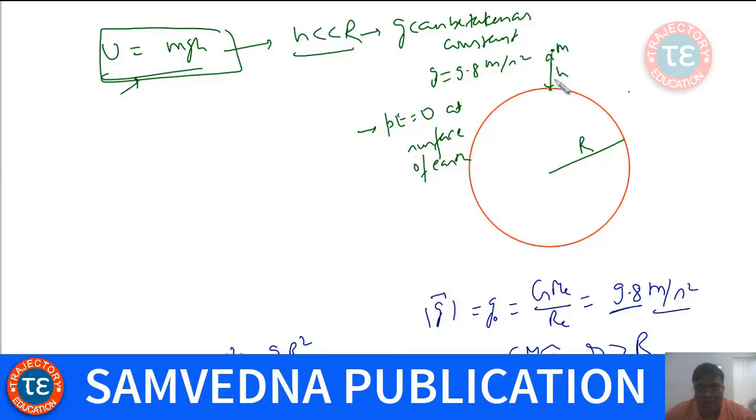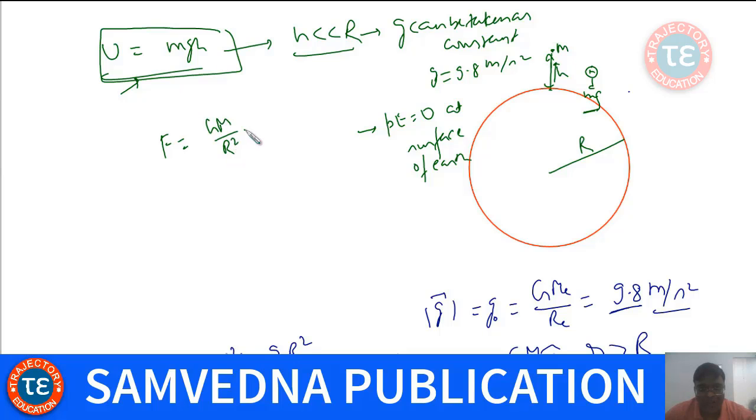When you want to bring this body of mass m from here to here, what force must you apply on the body? See, when you bring this body from here to here, the body already experiences a force, which is mg. It's called weight. Again, the force exerted by earth on any body can be expressed in terms of g like this. See, force exerted by earth at any point on a mass m would be what?